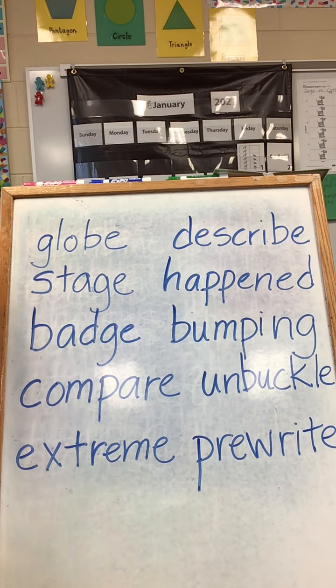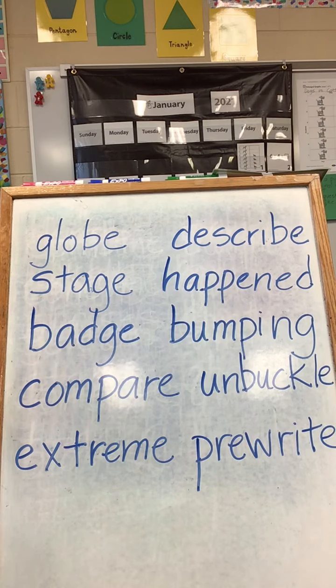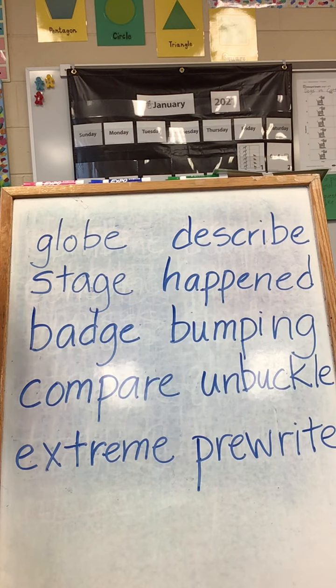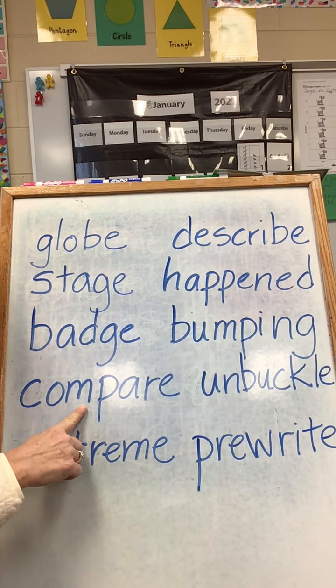Okay? I'm looking for a word that means you are looking at two things and sort of deciding if they're the same or different. If you said compare, you are correct.